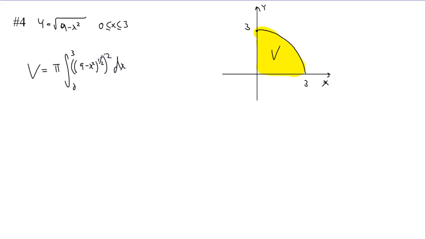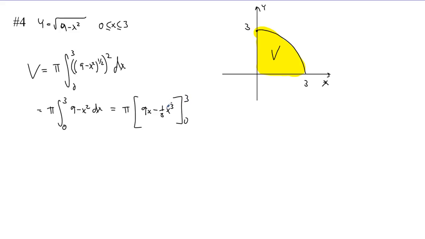Now, the square and square root are going to cancel. So I've got pi times the integral from 0 to 3 of 9 minus x squared dx. I can do the simple power rule on both of those terms, and that gives me pi times the quantity 9x minus 1/3 x to the third, evaluated from 0 to 3.